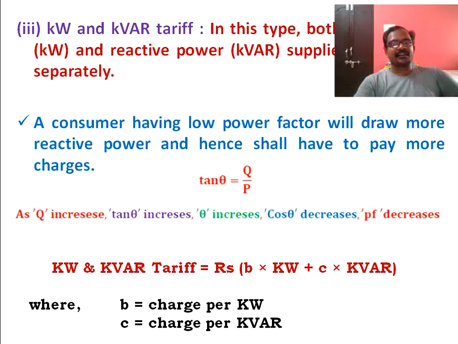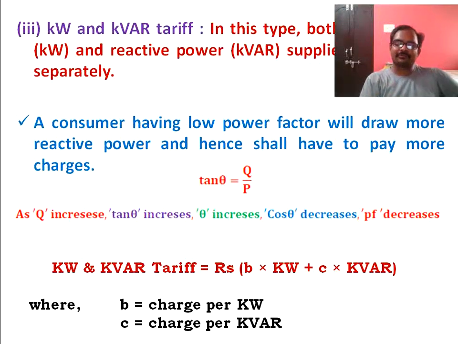What about the kVAR? If I am using 0.9 power factor, say the kVAR is 20 kVAR. C is 3 rupees, so 3 into 20 is 60 rupees. But if my power factor is reduced to 0.8, my kVAR increases to 40. Now 3 into 40 will be 120 rupees.